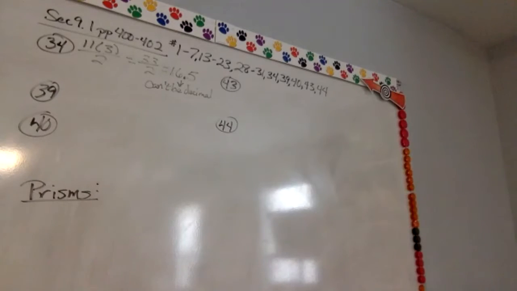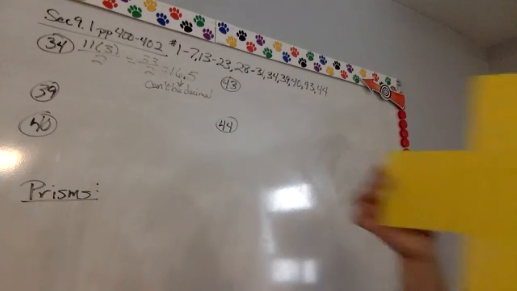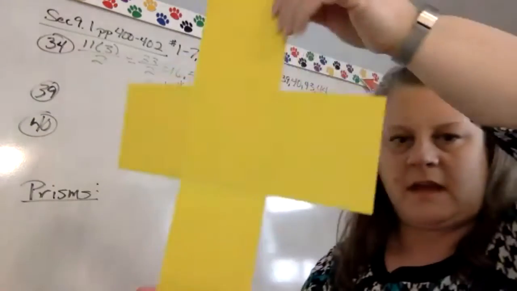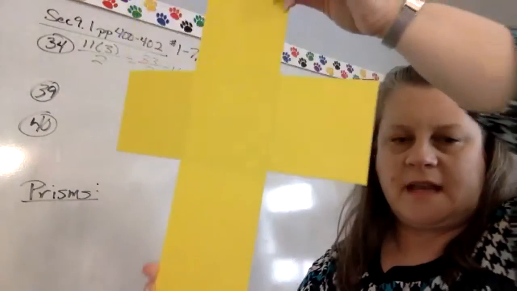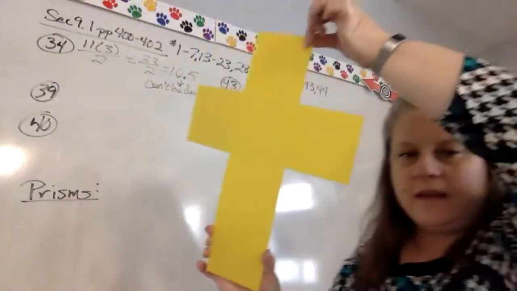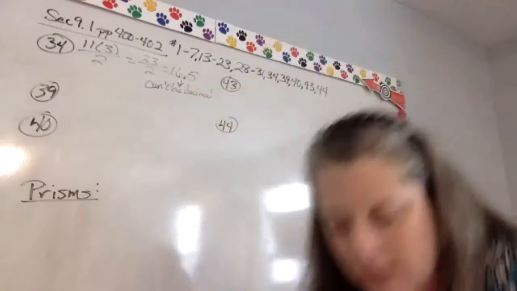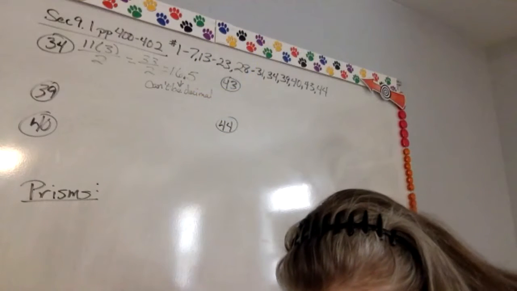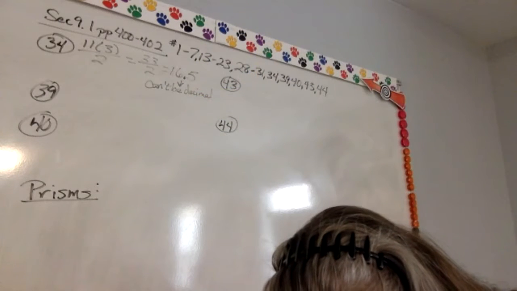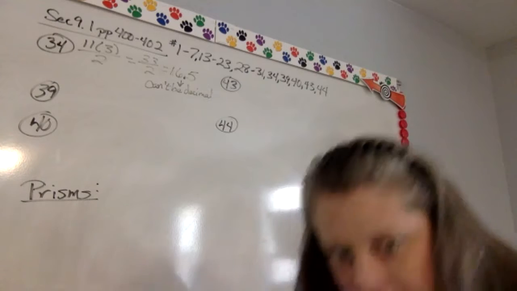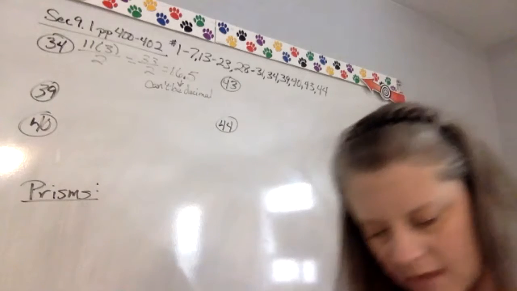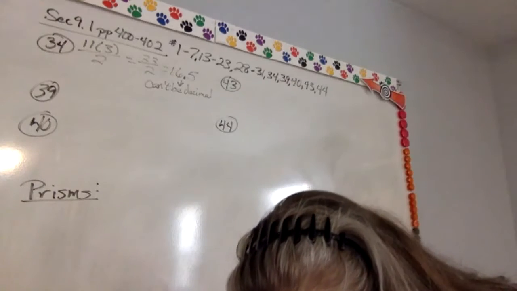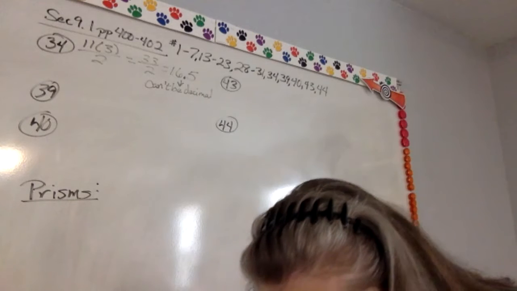So this is a net. Now, on number 39, it says which 2 nets, there's 8 listed in your book, which 2 of those cannot be folded to form a cube?